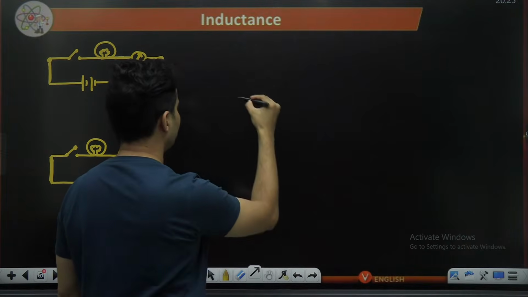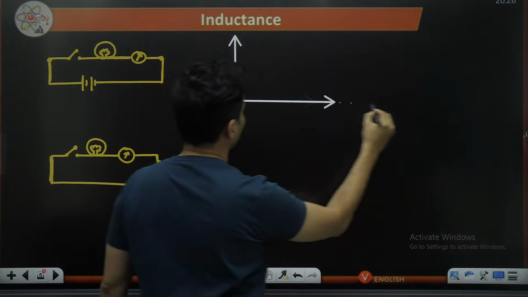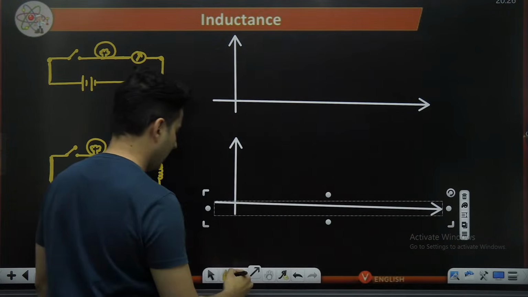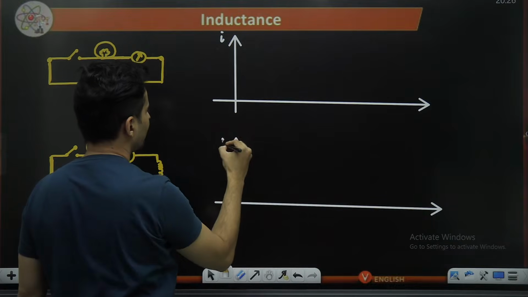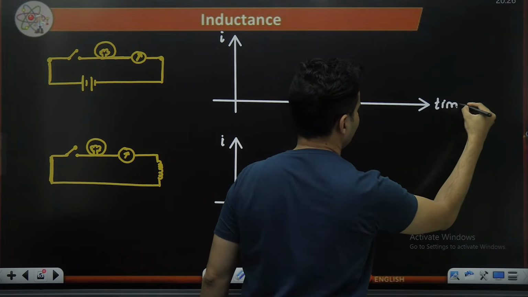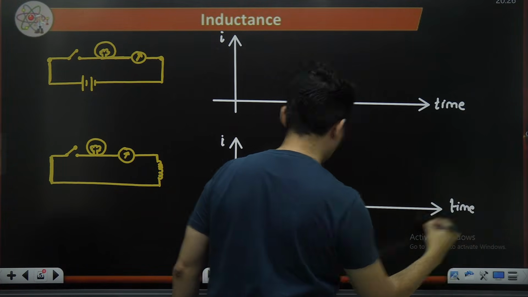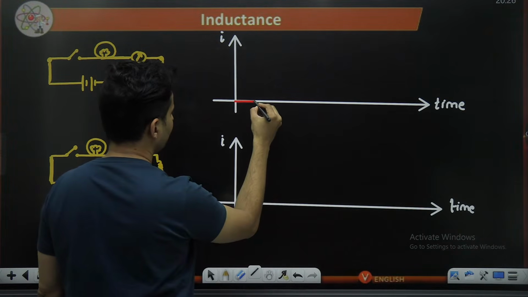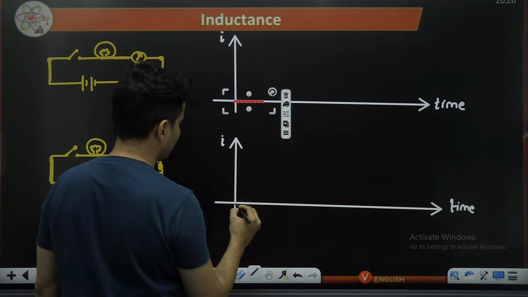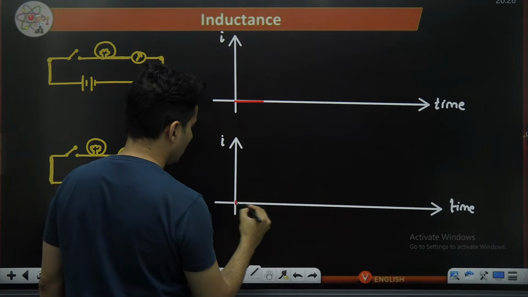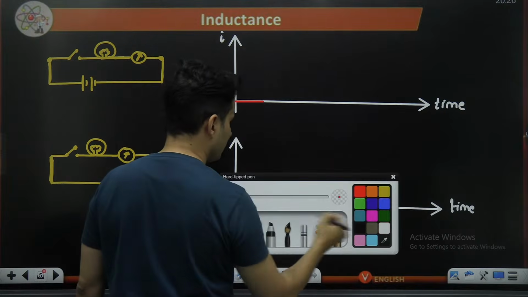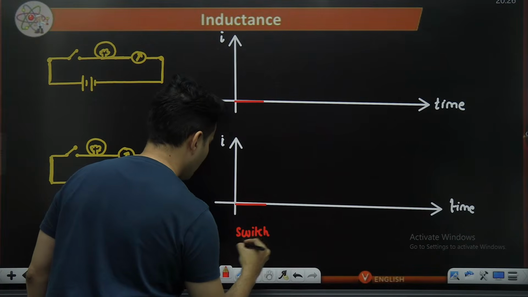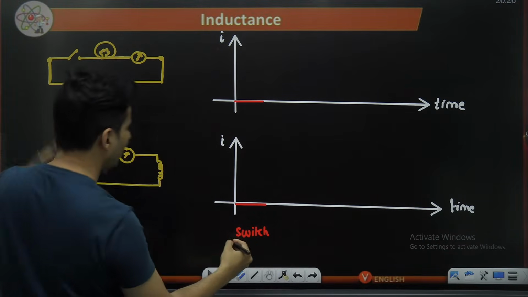This is very interesting. So this is current, this is my time, current versus time. Right now, when the switch is off, it's very straightforward. No current will be there as long as the switch is open.